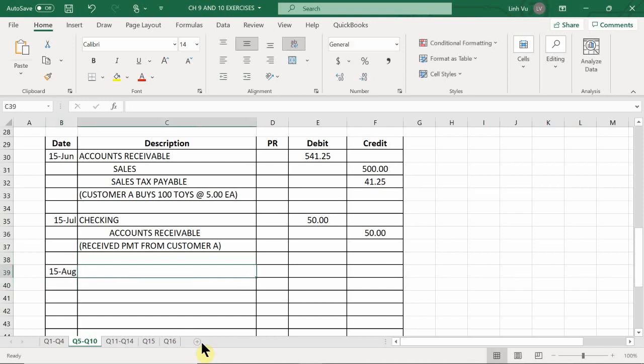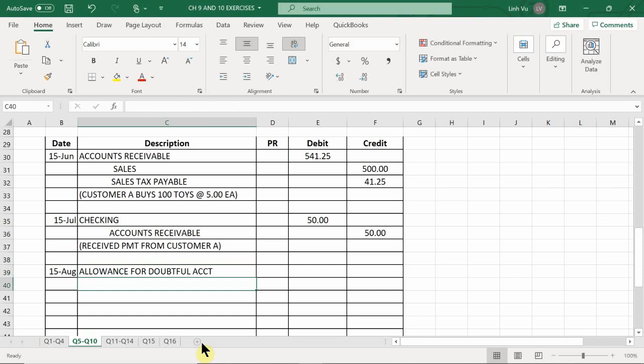Since customer A is refusing to pay, we need to place it in an account to reflect that this person is not going to make a payment. So there we're going to have allowance for doubtful accounts.